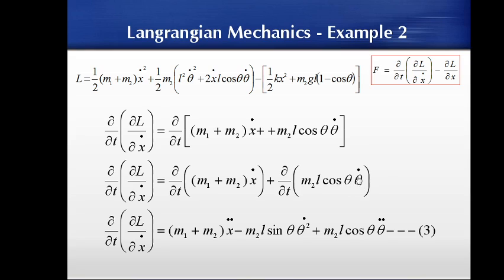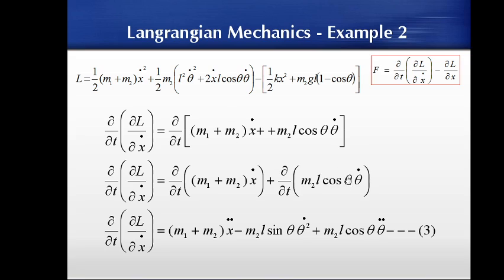So here you need to apply the product rule. So on applying the product rule, d by dt of uv is equal to derivative of u into v plus u into derivative of v.